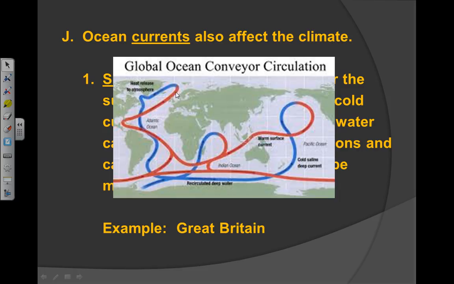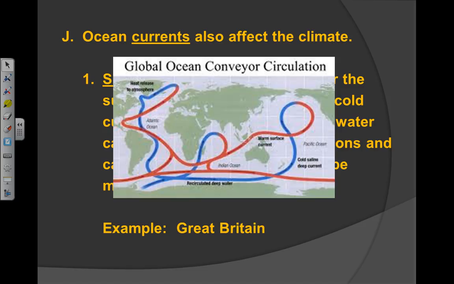Now here's what I want you to notice. If you look straight across, this is Canada. Think about what we think of as the temperature and the weather in Canada. It's usually considered to be very cold. Even in the summertime, it doesn't get real warm. But you're talking about a place that is at the same latitude right here. You would think then that Great Britain should be very cold also, but it's not.